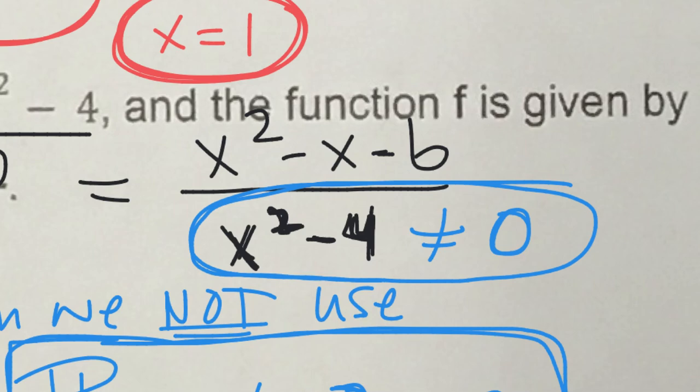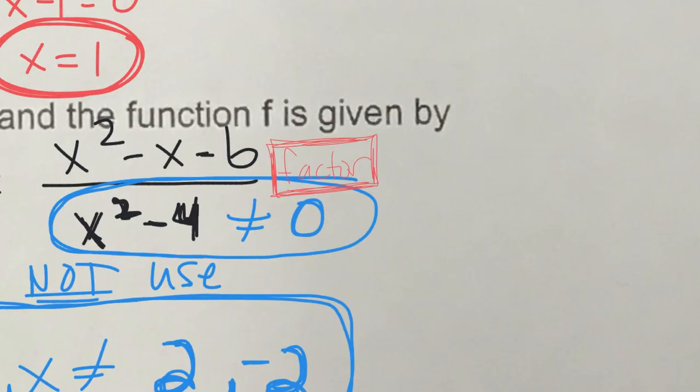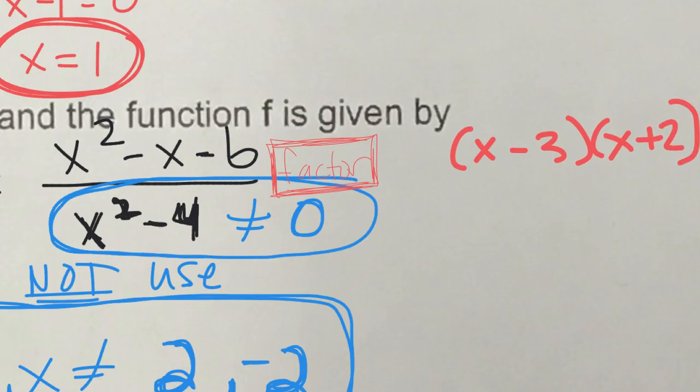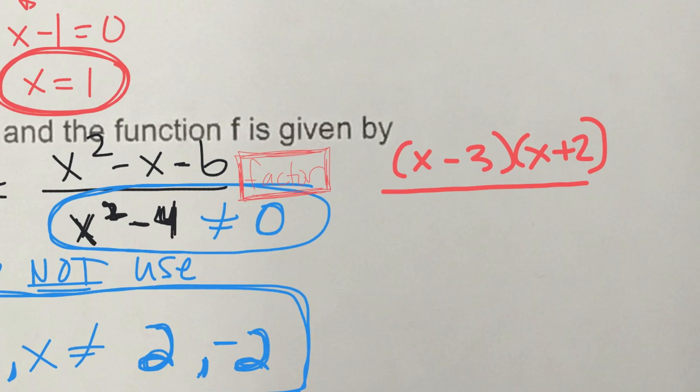First of all, in order to do this, we have to factor our equations. We have to be in factored form before we can decide where the hole is. So let's take a moment and factor both of these. What numbers multiply to give us minus 6 and add to give minus 1? That was x minus 3 and x plus 2. And on the bottom, what numbers multiply to give us minus 4 and add to give 0?